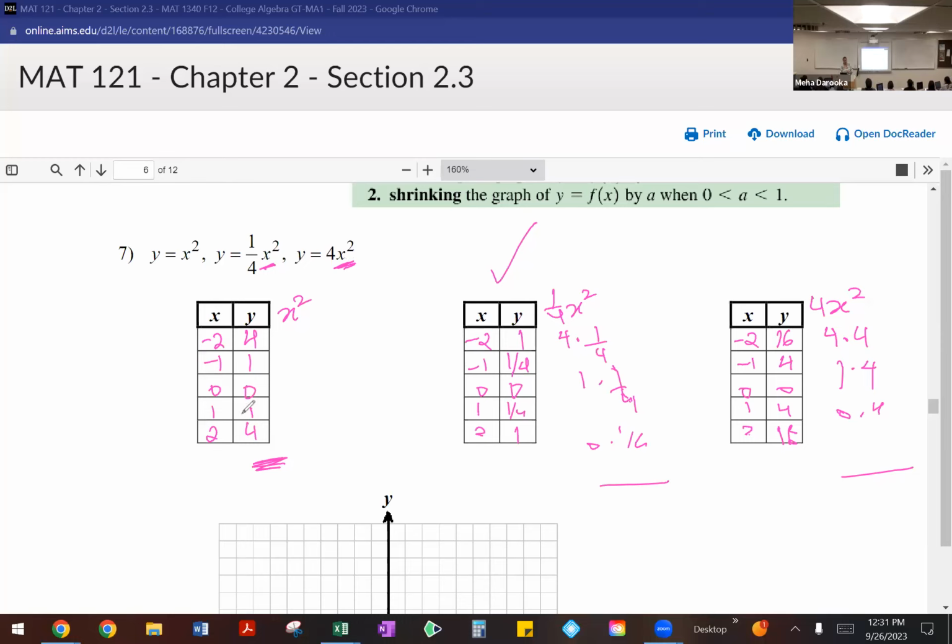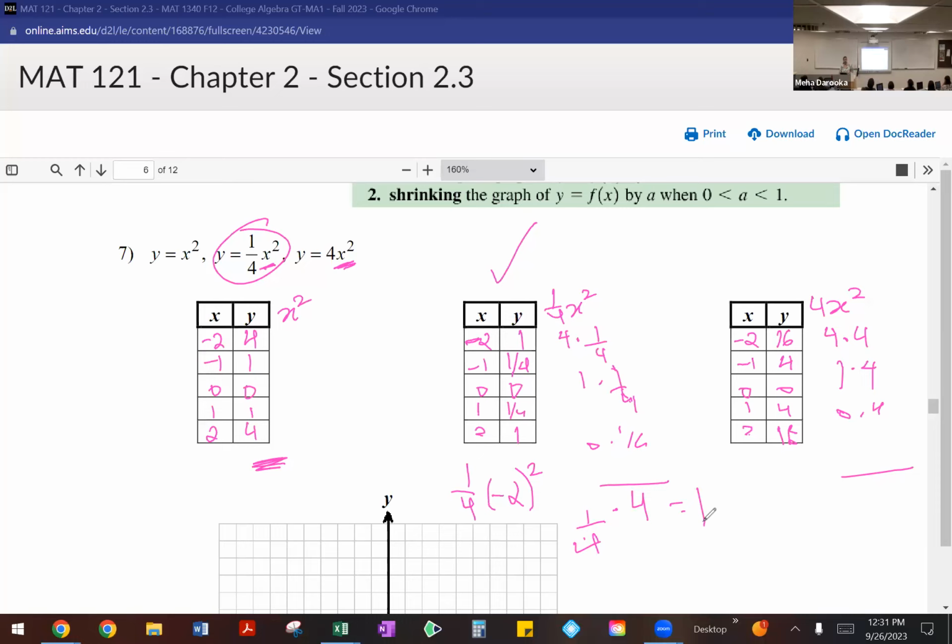I'm keeping my X values the same in all 3 of my graphs, because are you changing those? Okay, so I'm a little lost then. So if I'm using -2 for my X, what will it be if I did 1/4 times -2 squared? -2 squared would give us +4. +4 times 1/4 gives you 1, right? Okay, all right.